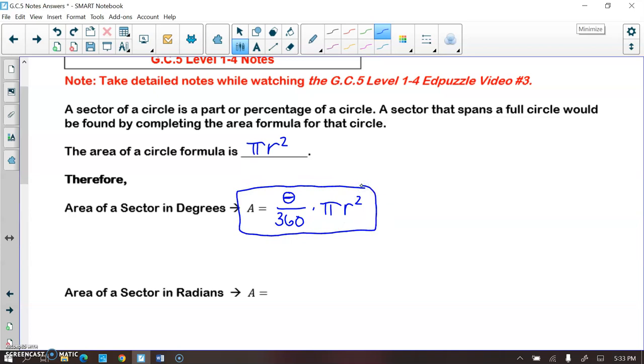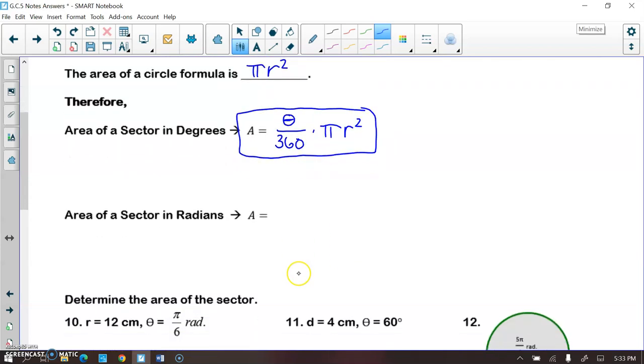And you guessed it, what happens if our angle is given in radians? We do not need to convert our radians into degrees. We can actually just use a separate formula. We know a full circle is 2 pi radians, so I'm going to put 2 pi in for 360, and just rewrite the rest of the formula.